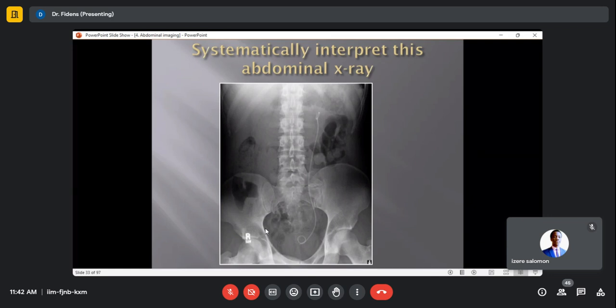About the head of the humerus, this is the acetabulum on the left. There is no problem on the right side. They are normal. The same, it's about positioning.